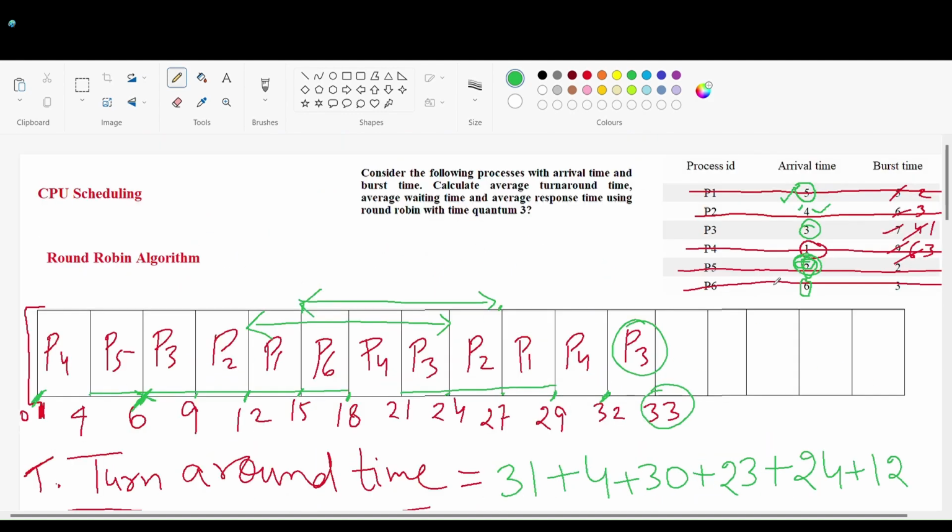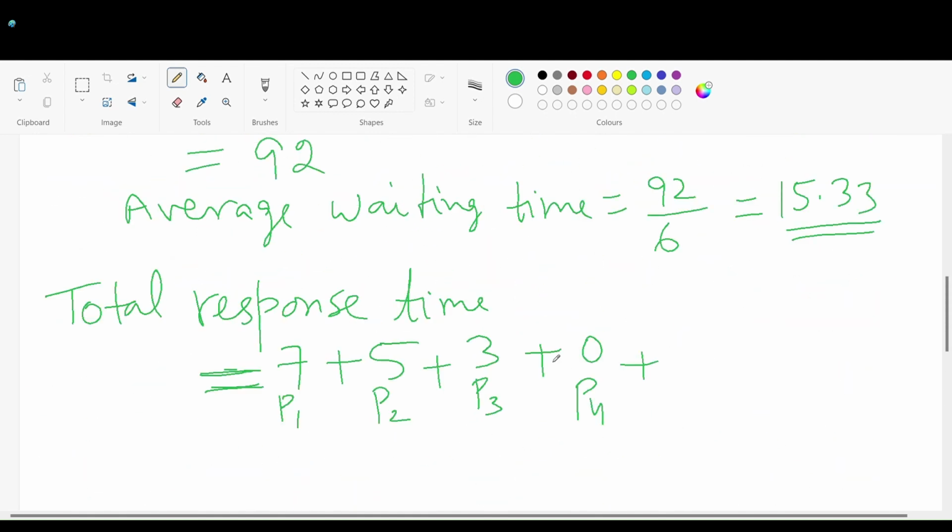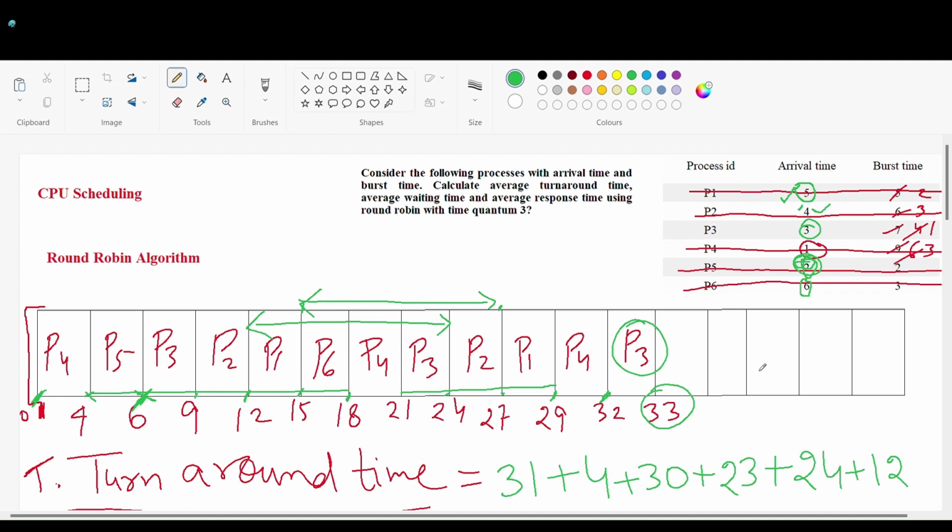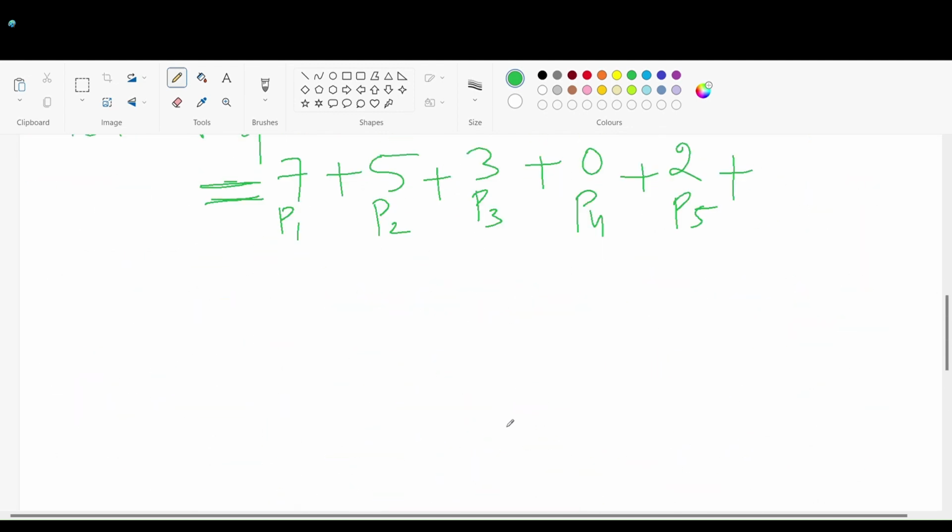Okay, so P5 enters the system at 2 and starts the execution at 4. So what is the response time of P5? 4 minus 2 is 2. So the response time of P5 is 2. P6 enters the system at 6 and starts the execution at 15. So the response time of P6 is 9.